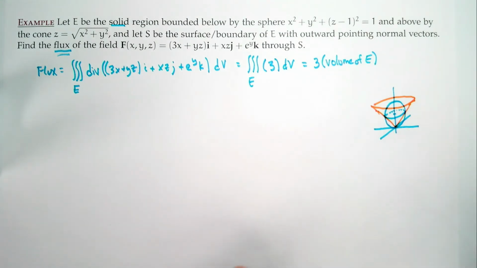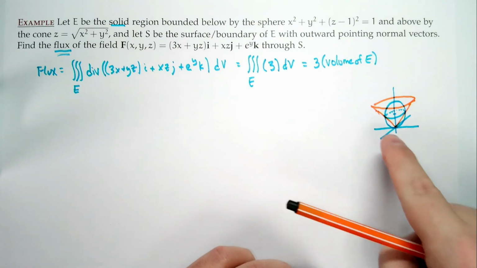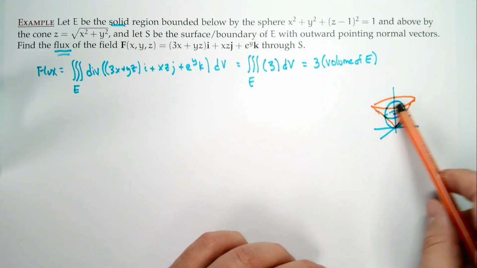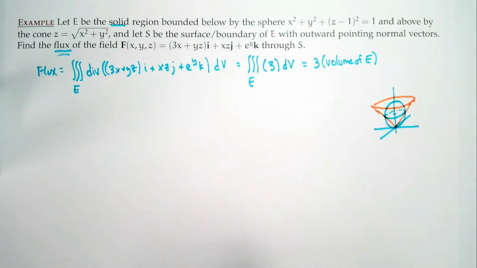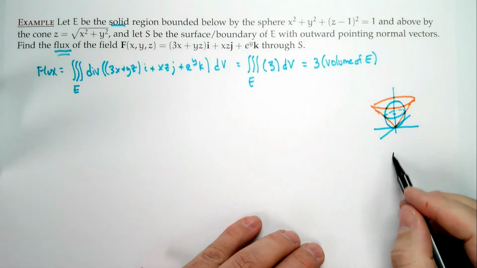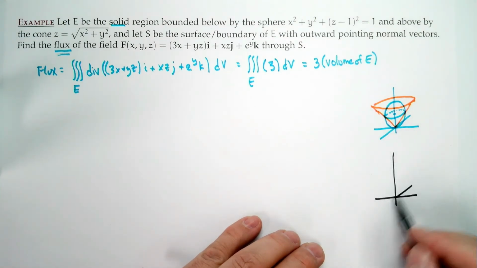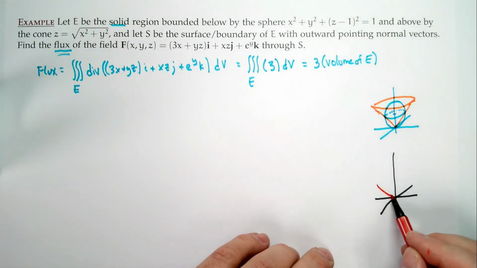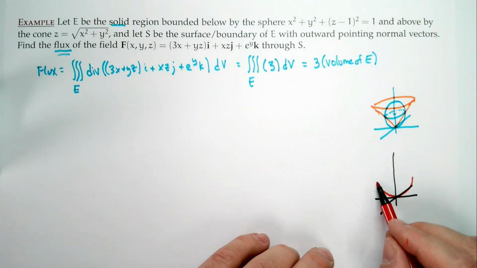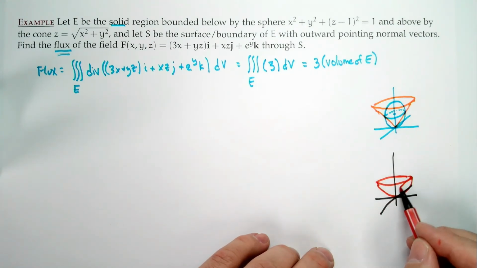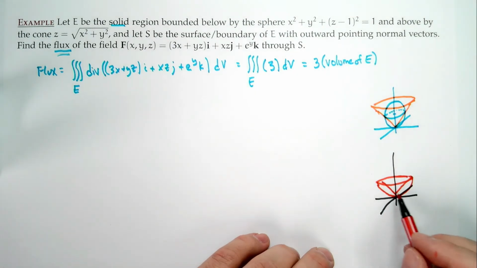Well, wait, what's that shape? Well, if we stare at it, we say, all right, where do they intersect? The cone will actually intersect the sphere at the equator of that sphere. So our shape is kind of a strange one, maybe not one we're used to seeing, but it has the following form. So we have our half sphere, hemisphere, that's our bottom shape, and then we cone it out.